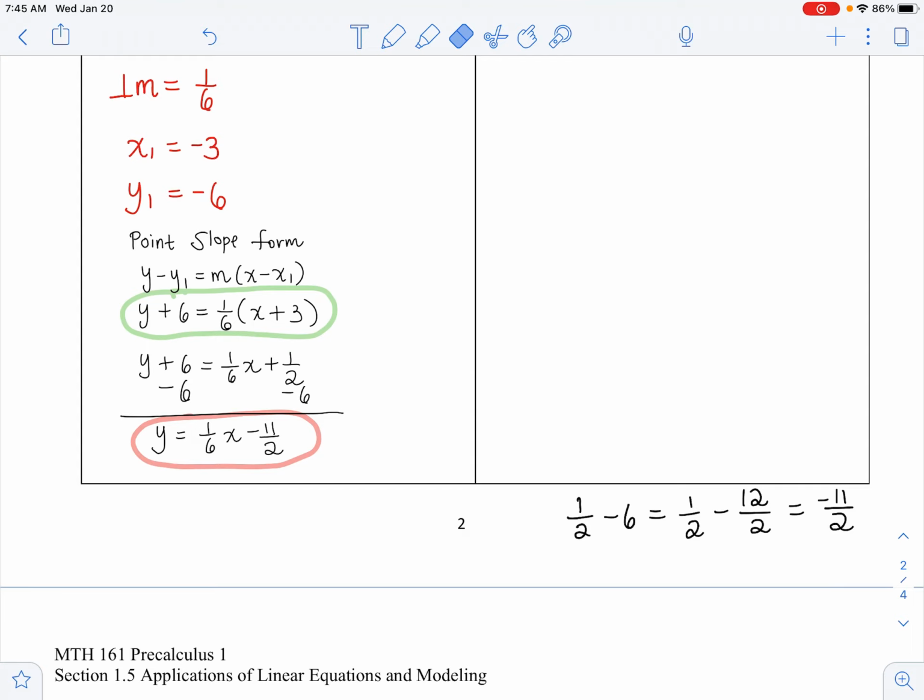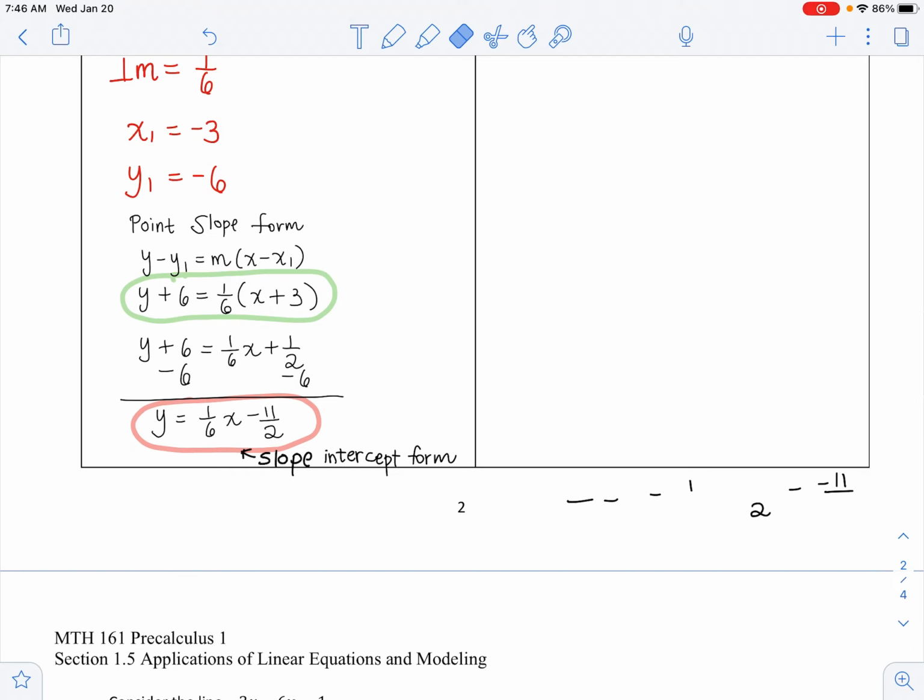So I gave the answer in both point slope and slope intercept form. When you're doing your homework, just make sure you're giving them the form they want. But I wanted to show you both ways.